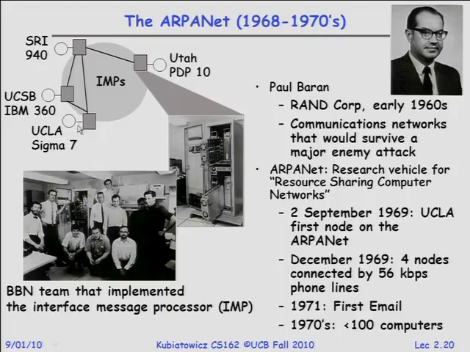And by December there were four nodes, connected by 56 kilobit connections. In 1971, on this very simple system, I'll show you a slightly bigger network in a moment, we got the first email. In the 1970s, pretty much through all the 70s, there were less than 100 computers on the whole net. How many are there today?